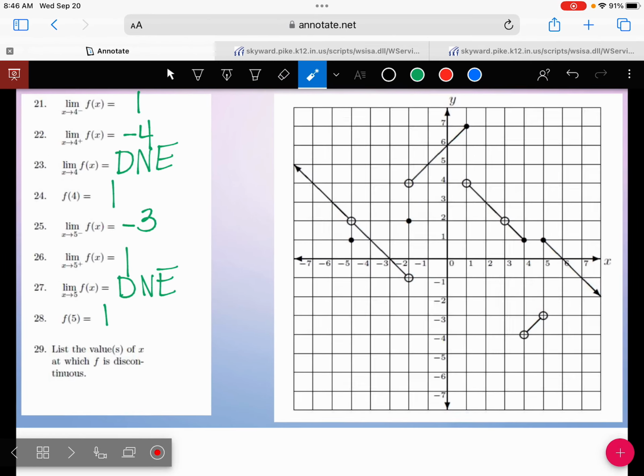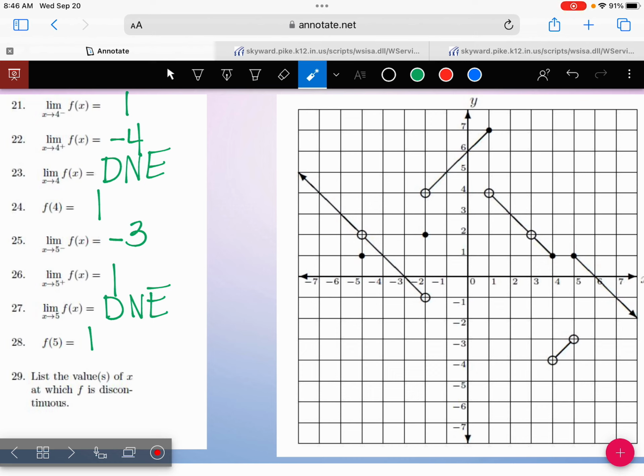For number 21 through 24, we're looking at the graph at x equals 4, which is right here. We have another jump. The left side is touching this blue line at 1. The right side is -4. They're not connected. That's why 23 is D and E. We do have a closed point.